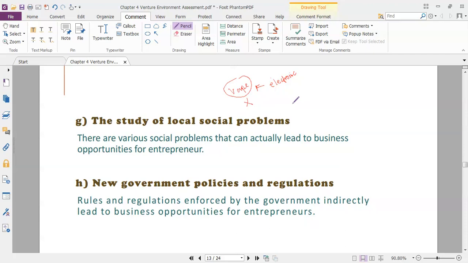But I just want to highlight the example of some problems that can give us an opportunity to create a business. That is just an example. I don't encourage you to hisap vape.